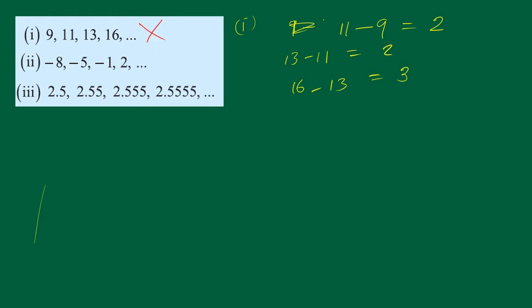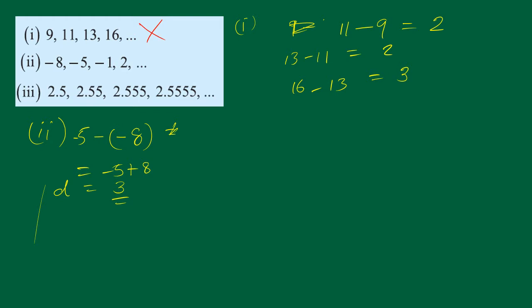And let's have a look at the second one. You can subtract minus 8 from minus 5, right? Minus 5 minus (minus 8), then you get minus 5 plus 8, and this is 3, right? So the difference is 3.